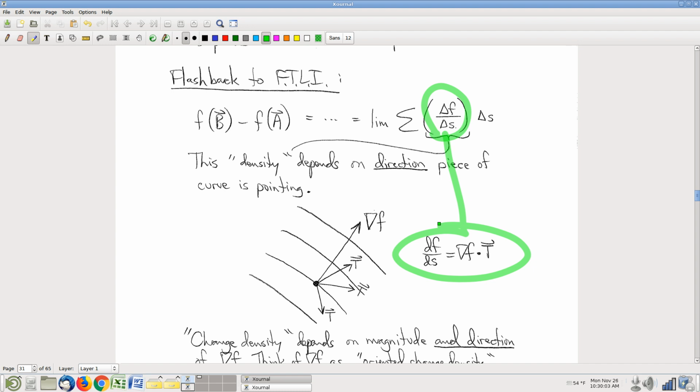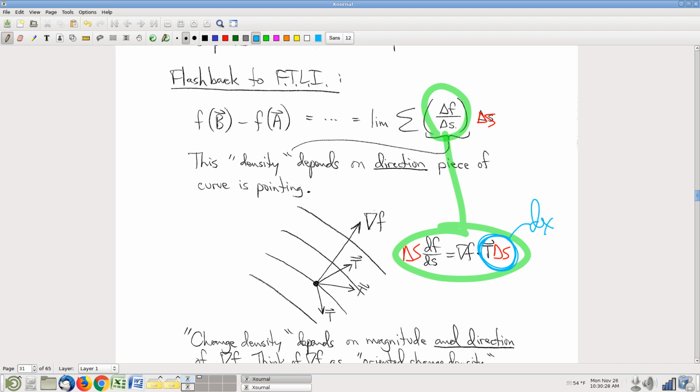I didn't write it exactly this way when we were developing the line integral theorem, because I didn't really want to go down this particular road. We wrote it as sort of combined with the ds, the delta s that we have here, and then wrote this as dx.